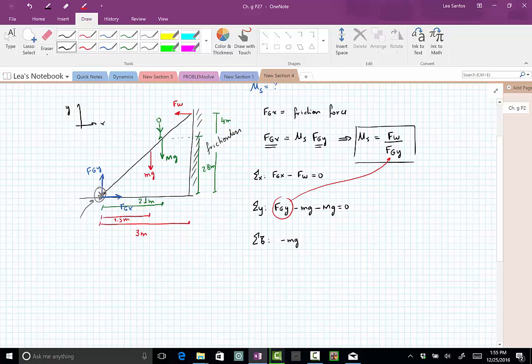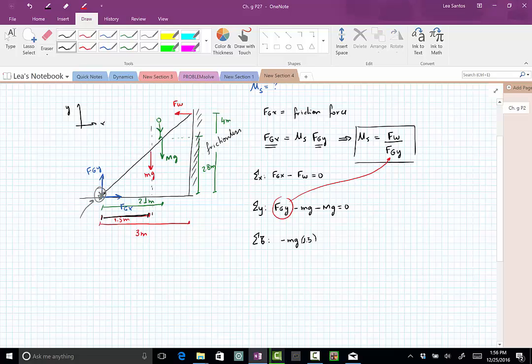Well, let's think a little bit, what is this 1.5? You see that this 1.5 is the lever arm. Okay, what is the lever arm? It's the distance from the axis of rotation to the direction of mg. So this 1.5 meters here is the lever arm for the weight of the ladder. So I'm going to put it here.